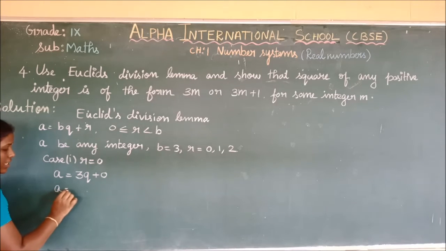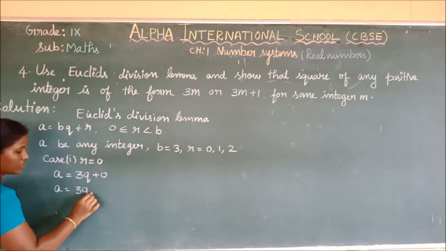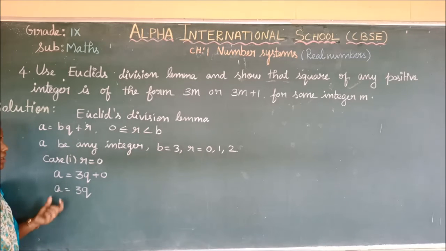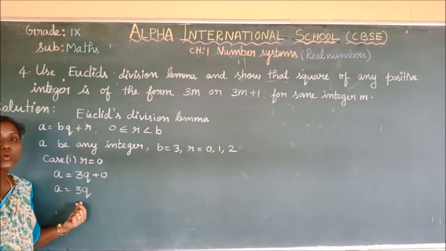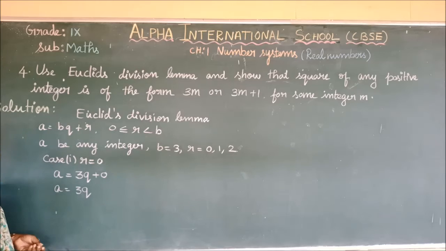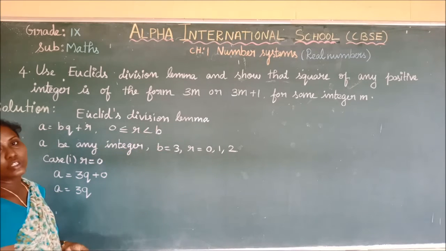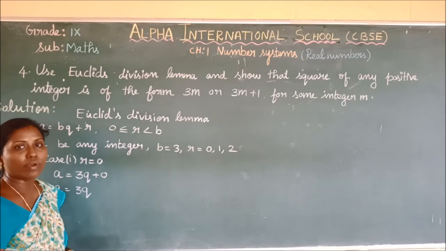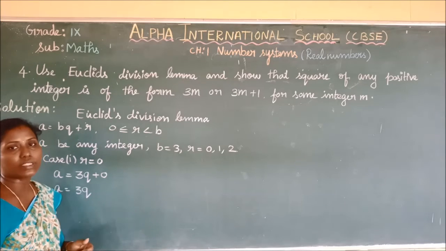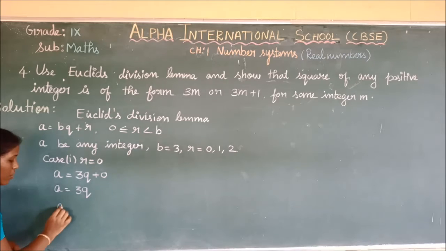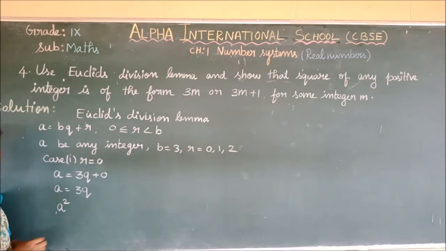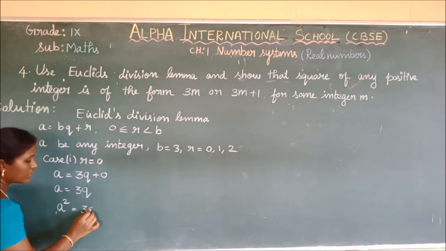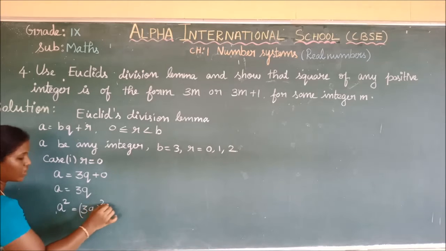That is, a is equal to 3q. But we have to square, because the question asks about the square of any positive integer. So if we square on both sides, a square is equal to 3q the whole square.